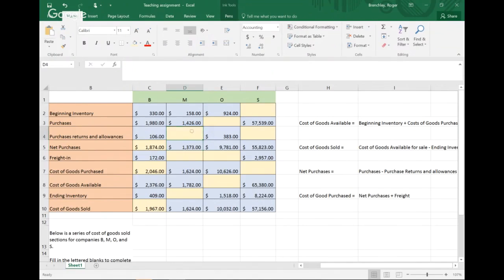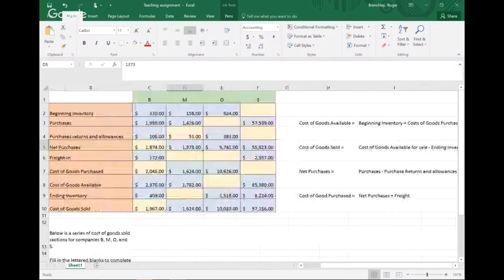So if we take our purchases and minus our net purchases, then we get our $53, which is our purchase returns and allowances. We're just working that formula.